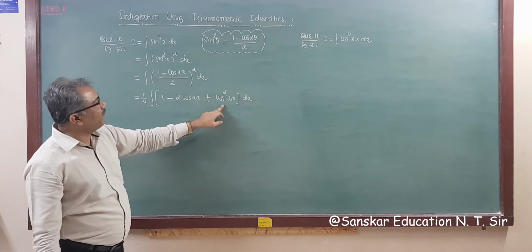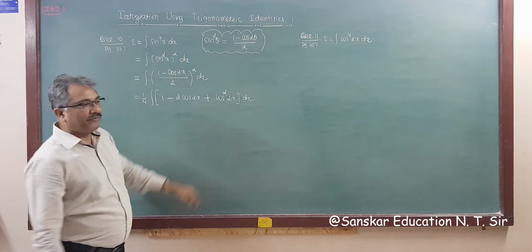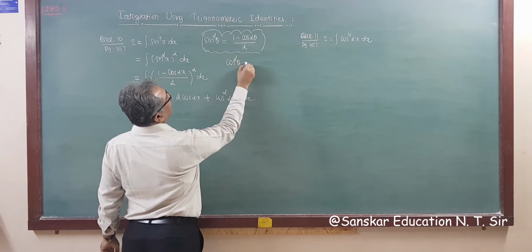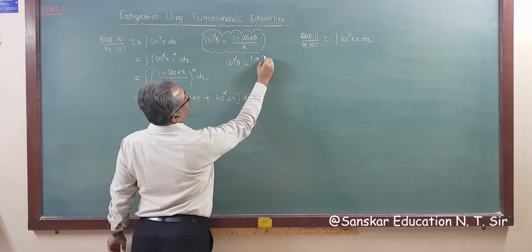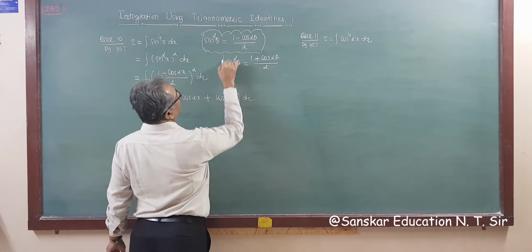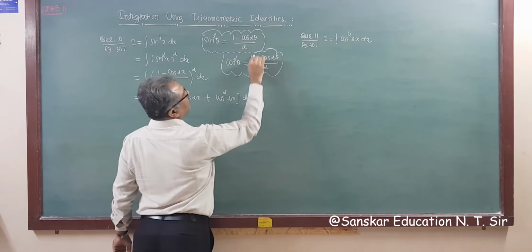So again applying the formula for cos square theta. The formula for cos square theta is 1 plus cos 2 theta divided by 2. This is the formula, right?